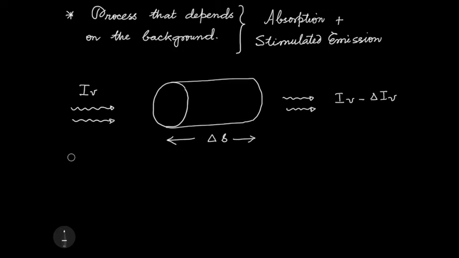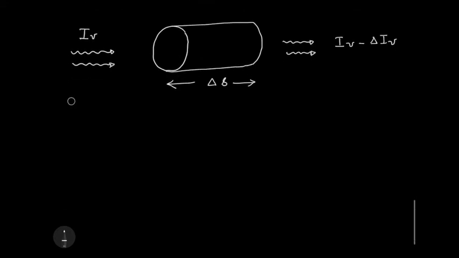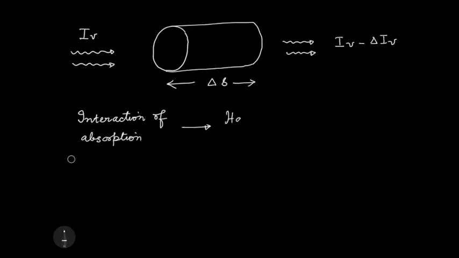Now, when I talk about absorption, these photons of the incoming radiation must be interacting with whatever is absorbing inside, and that interaction of absorption happens over an area.